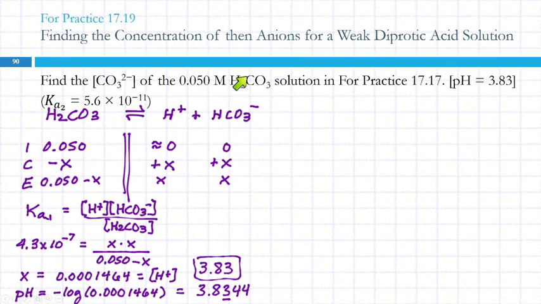To do this problem, to find the carbonate ion concentration, you have to do 2 ice tables. And to save us time, they already had us do the first one in a previous question. So we found X, and X was equal to the hydrogen ion concentration. We found out that the pH was 3.83. So now we're going to look at the second ionization. So the second ionization is HCO3 minus in equilibrium with H plus and CO3 2 minus.